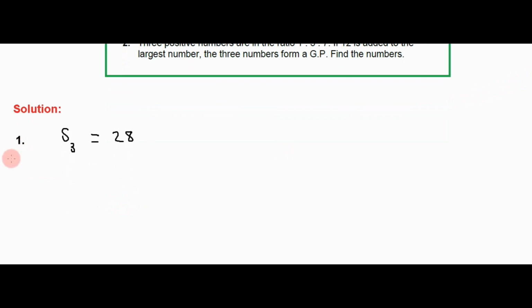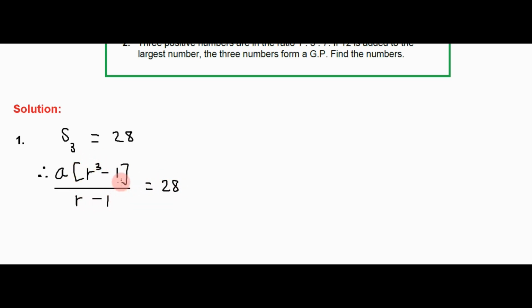Now we use a sum formula to write this whole equation in terms of A and R. So A into R cubed minus 1, all over R minus 1, must equal 28.